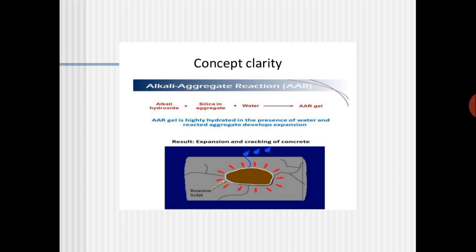You can see that there is an expansion of the total cement. When the expansion of the total cement happens, there is a formation of cracks. Most of the time, even in concrete walls, if any cracks are coming, it is due to the expansion or the contraction. Normally the expansion is going to happen.